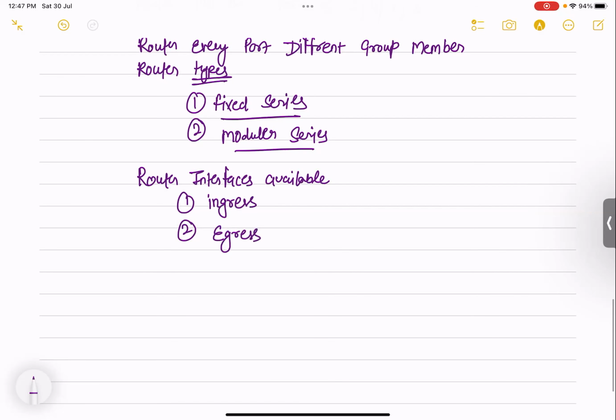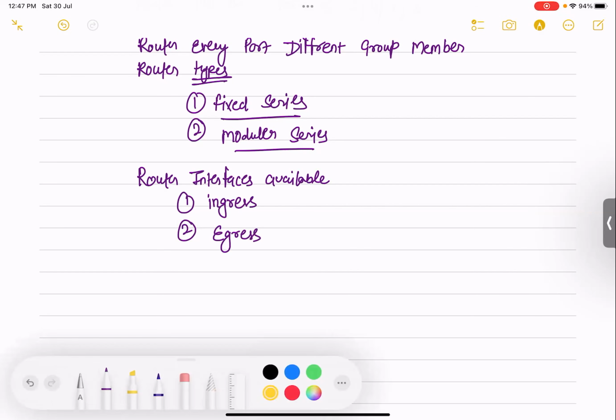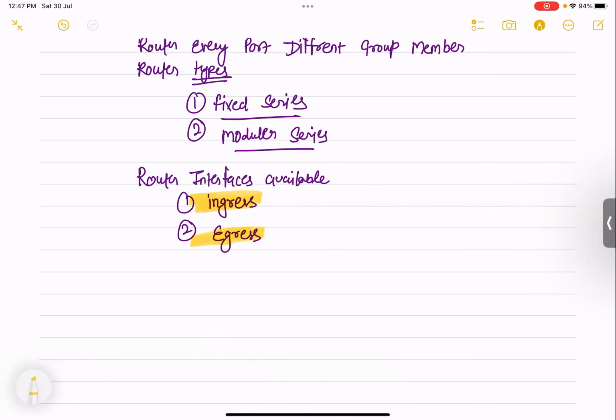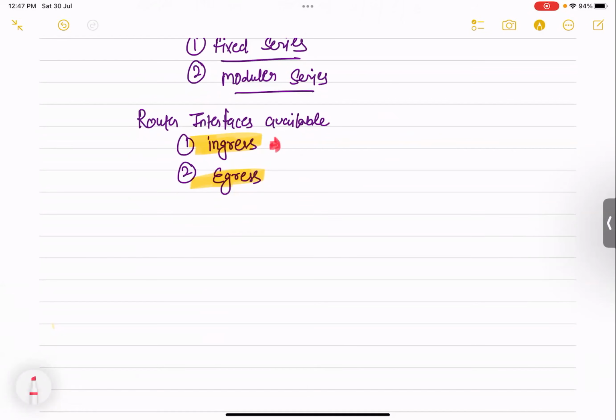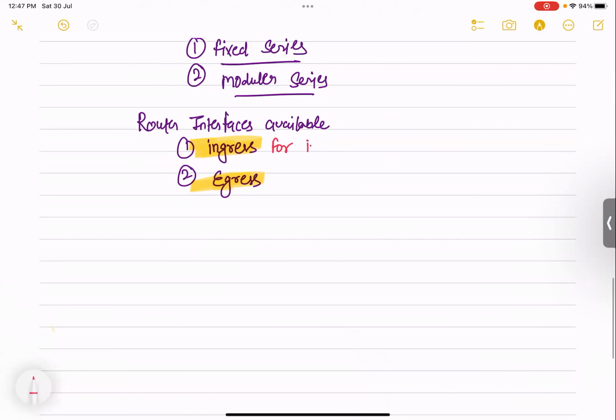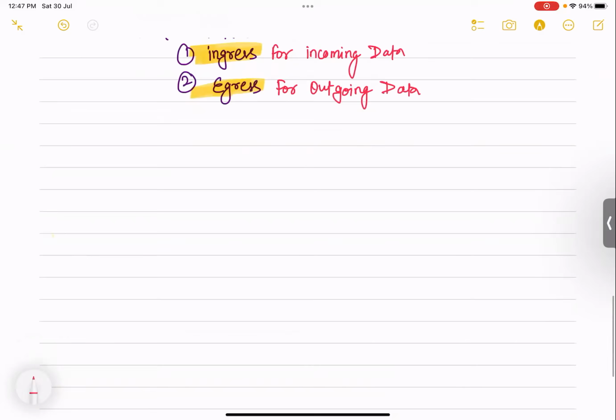Ingress or egress. If someone asks what is the difference between ingress and egress? Ingress means incoming data. Egress means outgoing data. If you configure a policy on a router with the help of a firewall, you must define ingress or egress. Clear?